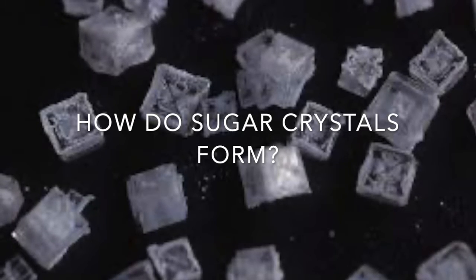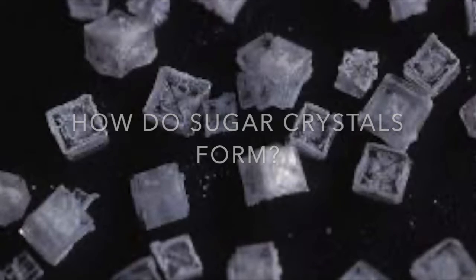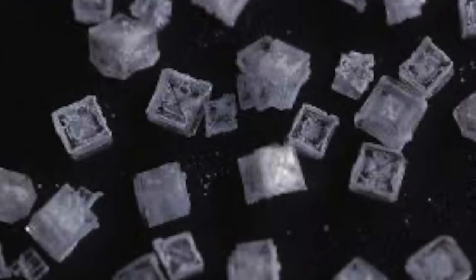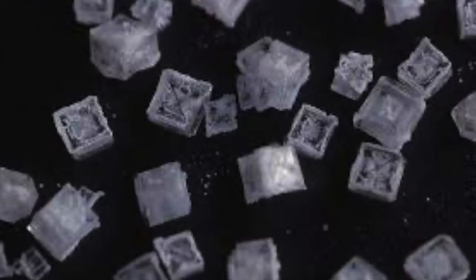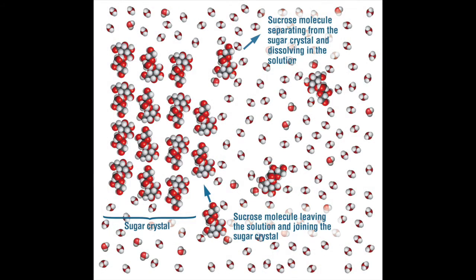So let's assume we can see this at molecular level. Each single grain of sugar consists of small crystals made of an arrangement of molecules called sucrose. Sucrose is a type of carbohydrate, and the basic unit of a carbohydrate is a monosaccharide, commonly known as a simple sugar.